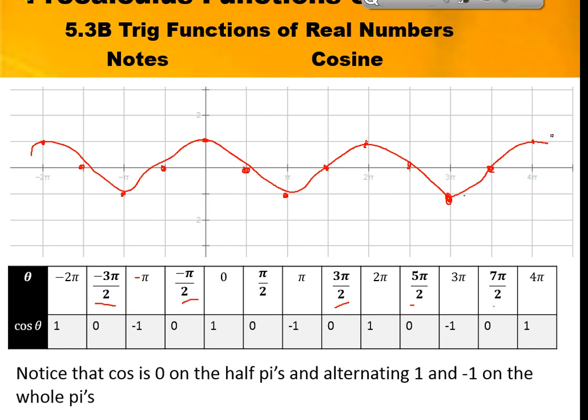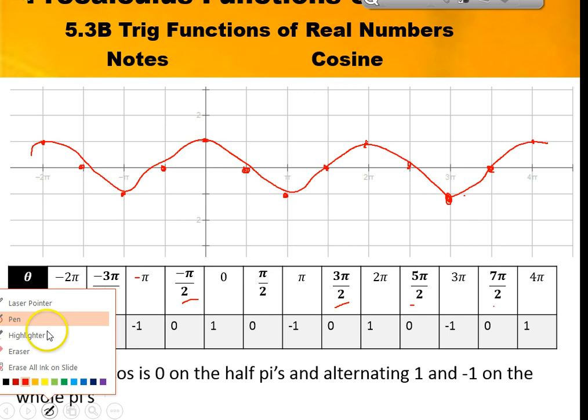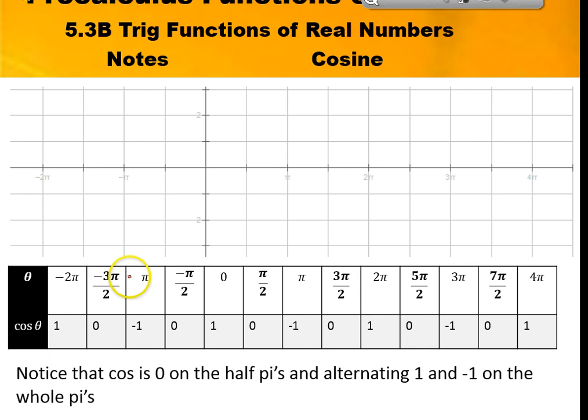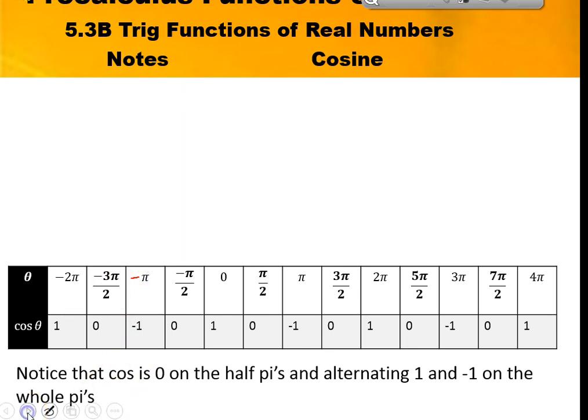Okay, so then you connect the dots and you draw your cosine curve, and drawing on paper it's going to look a lot better, but again I have a professional one coming, so let me just erase the screen. And I'm going to go to erase all ink on slide, but I'm going to put this one back, and then I'm going to say okay, get rid of that.